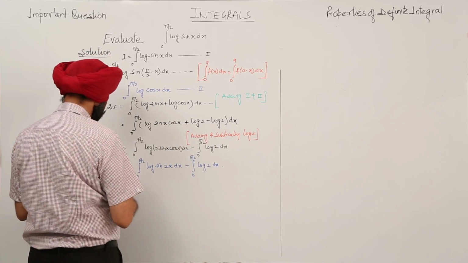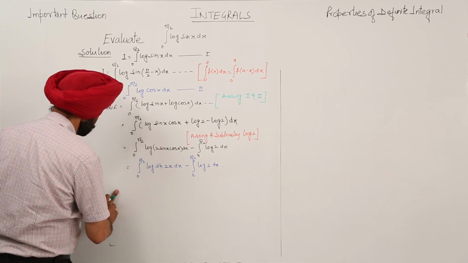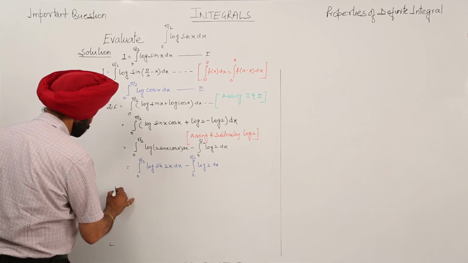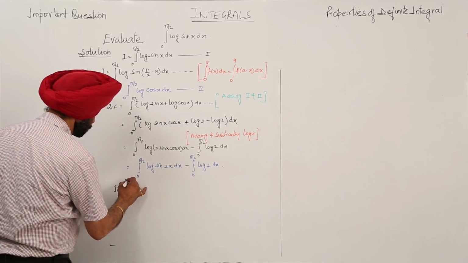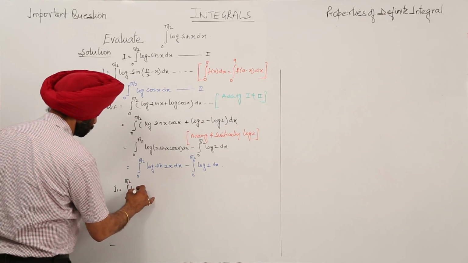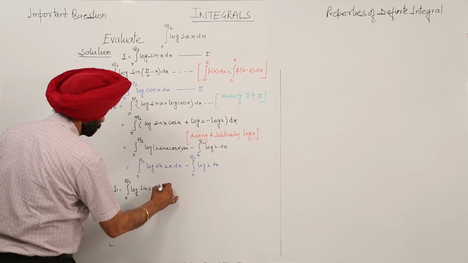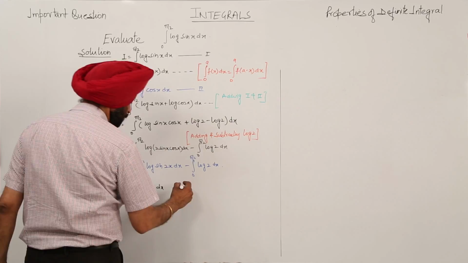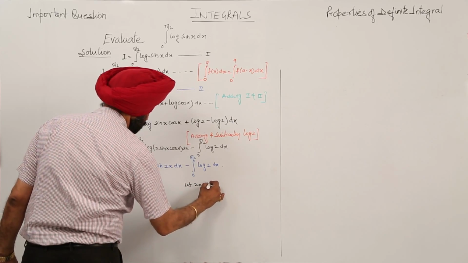Now I1 is equal to 0 to pi by 2 log sin 2x dx. Solving this part first, let 2x equal t.